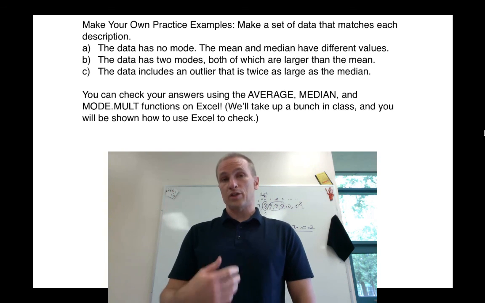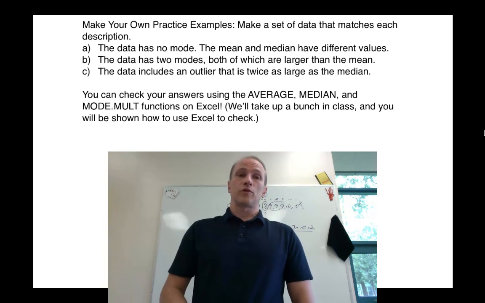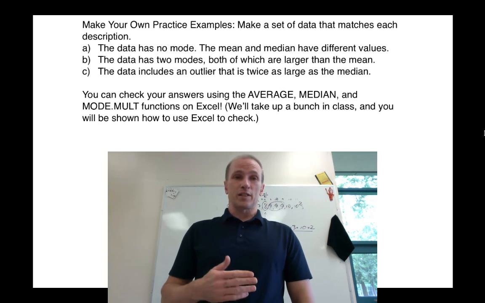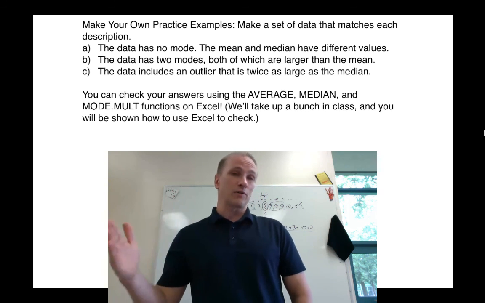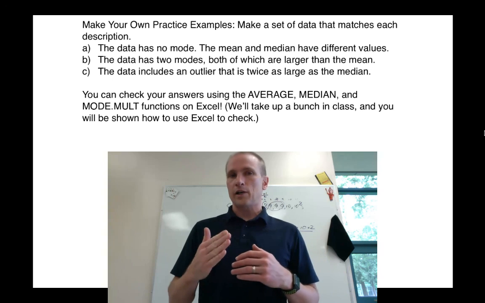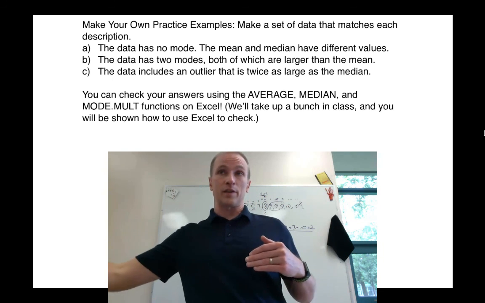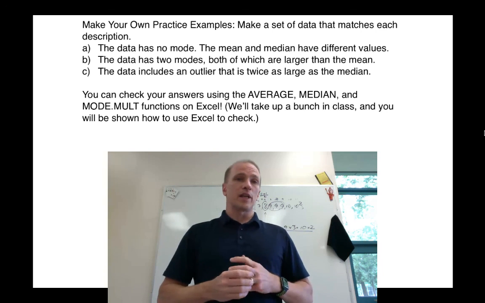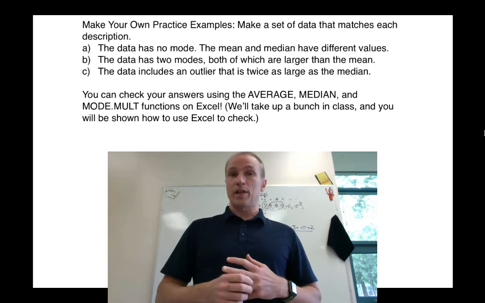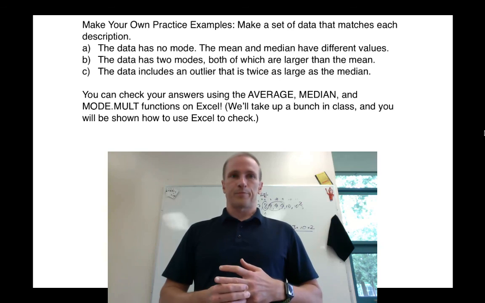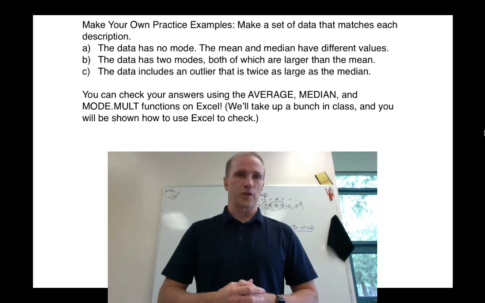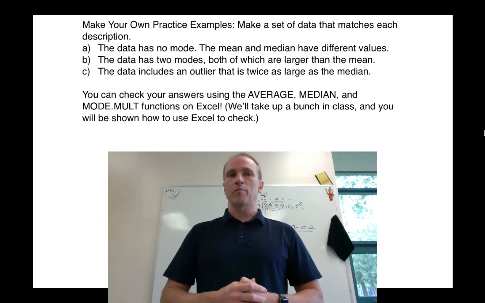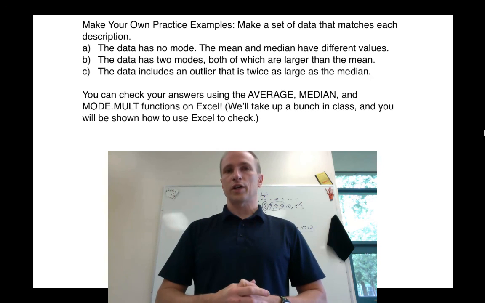And then I want you to make a third set of data for which the data includes an outlier, which is a point that's significantly different than all of the others. And in this case, we want it to be twice as large as the median, which is the middle number. And again, you can check all those using average, median, and mode.mult functions on Excel.